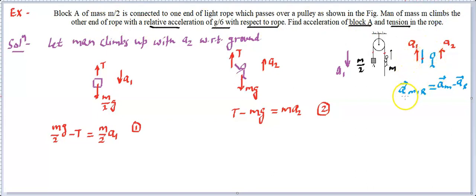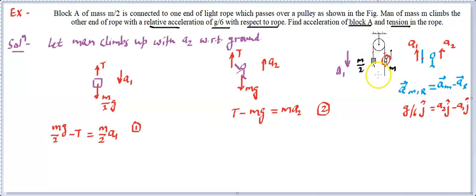So you will write this, in the upward direction, is equal to a of man, which we have assumed to be a2 in the upward direction, minus a of rope, which came out to be a1 in the upward direction. Mind that it is the rope's acceleration at the point where the man is in contact, not at other points, right?